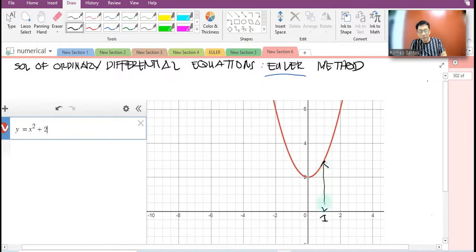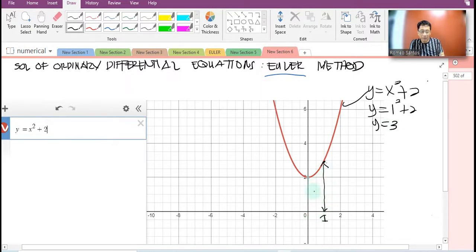Of course, we get that by substituting values into the equation, y is equal to x squared plus 2. That is all. If you know the value of x, you get y. So just substitute x equals 1: 1 squared plus 2, and y is of course equal to 3. This means when x is 1, y is 3. That is the point.